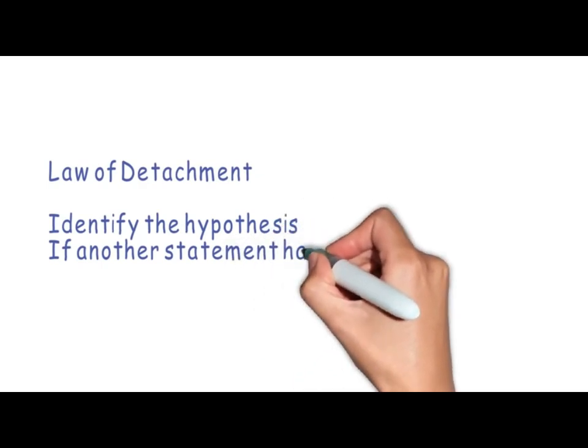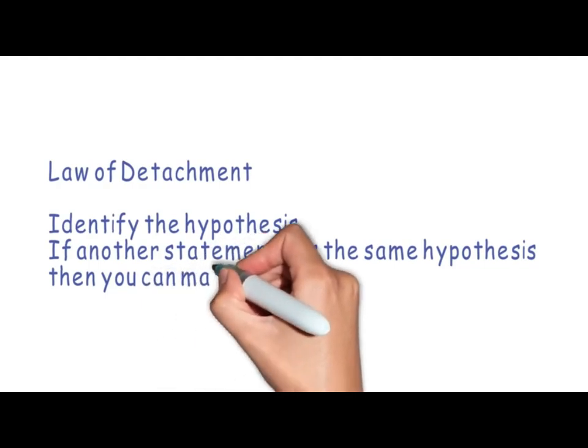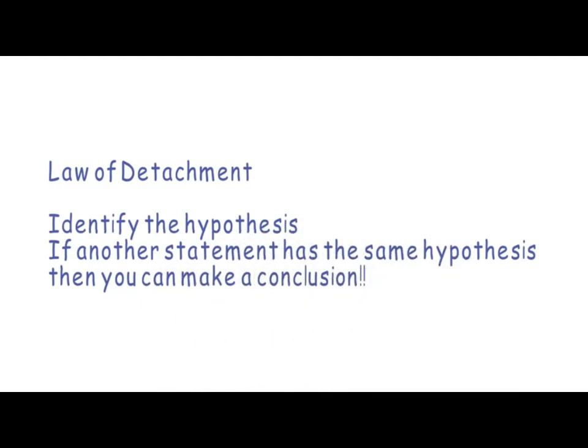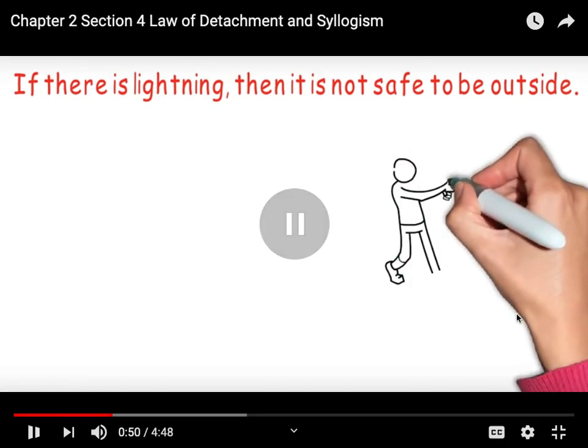If another statement has the same hypothesis, then you can make a conclusion. Let's look at a given statement because then this will make a lot more sense. Let's say that we're given the statement, if there is lightning, then it is not safe to be outside. Okay, that's just a conditional statement, right? If there is lightning, then it is not safe to be outside. What's our hypothesis? There is lightning. What's the conclusion? It is not safe to be outside. Everything following the then.